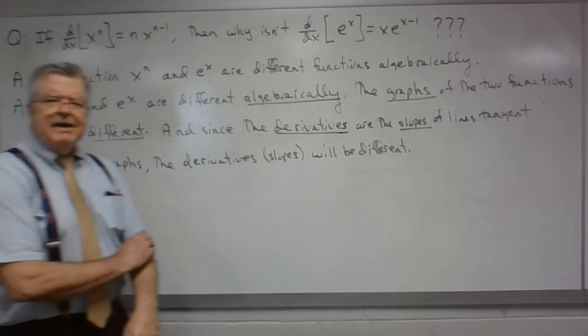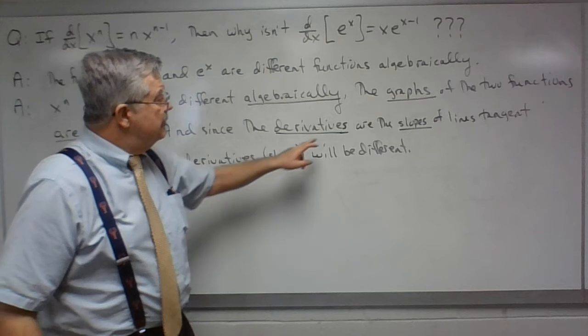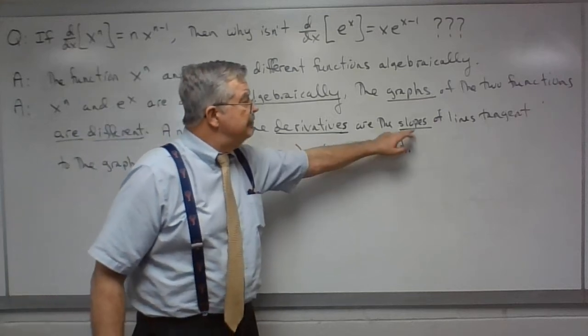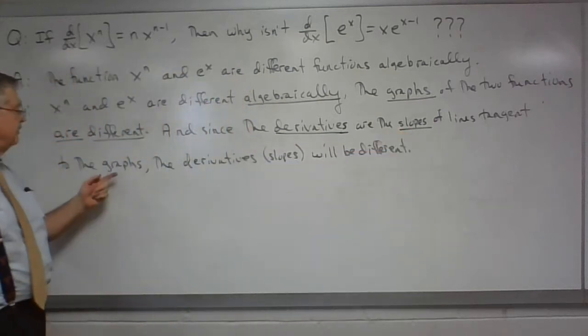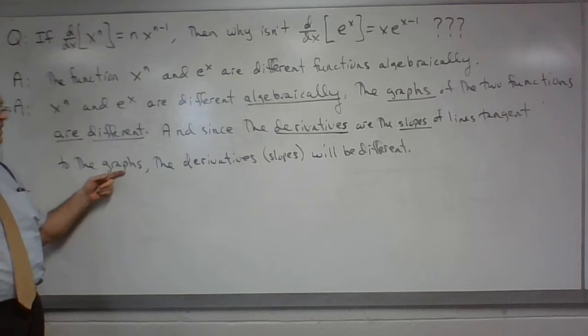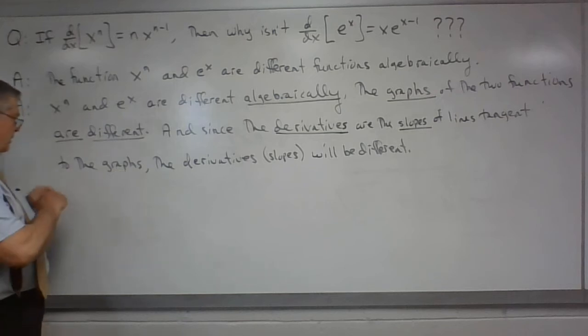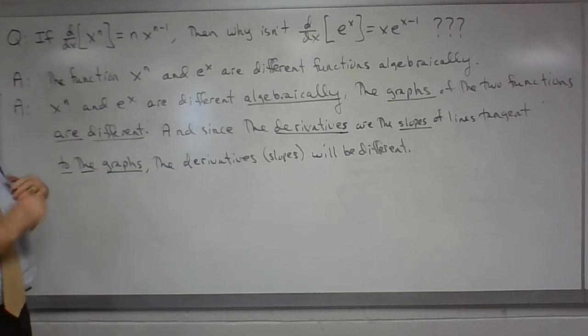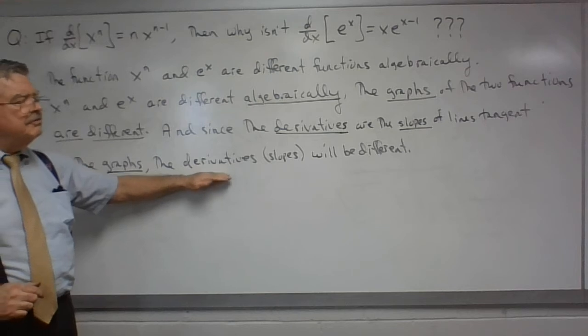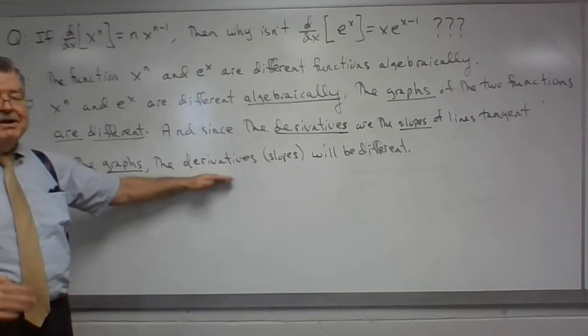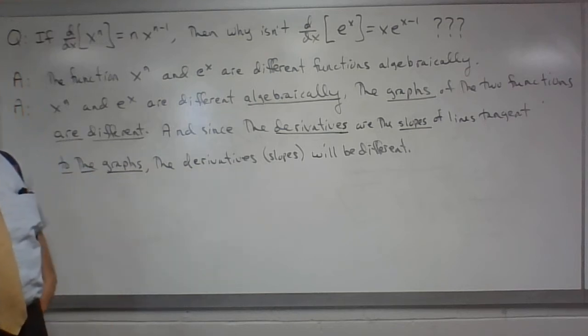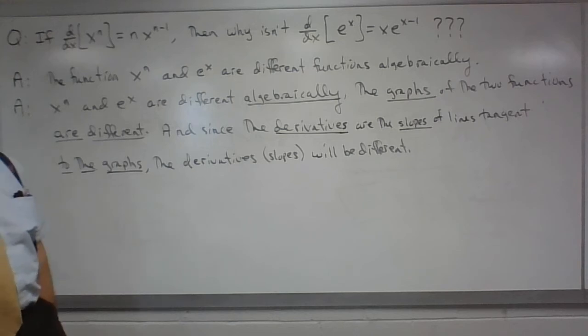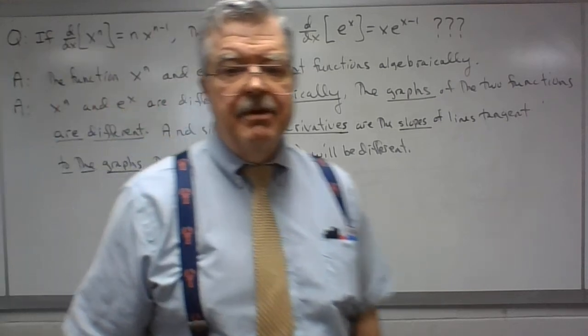So why would that affect the derivatives? Well, the derivatives are the slopes of the lines tangent to the graphs. And therefore, the derivatives or the slopes are going to be different because the graphs themselves are going to be different. Let's look at an example or two.